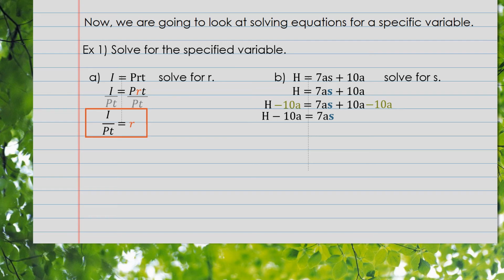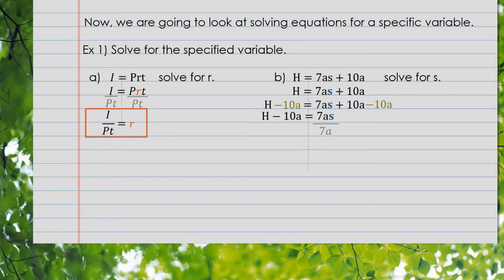So we have gotten the S term by itself, meaning we have 7AS. The right side just has S's. The problem is S is not by itself. The 7 and the A are touching it. Well, when values are touching, that implies multiplication. How do you undo multiplication? You divide.